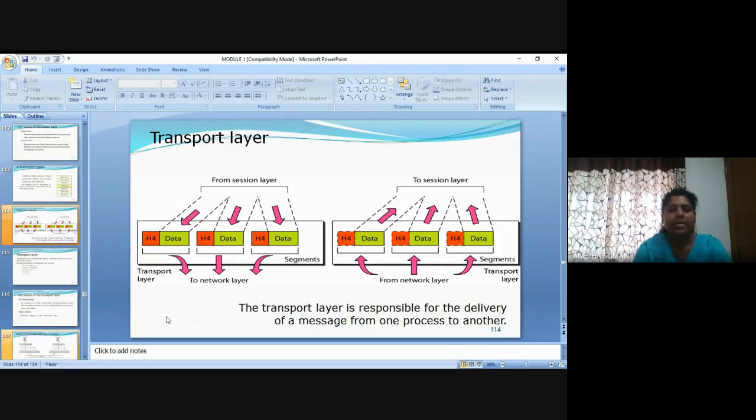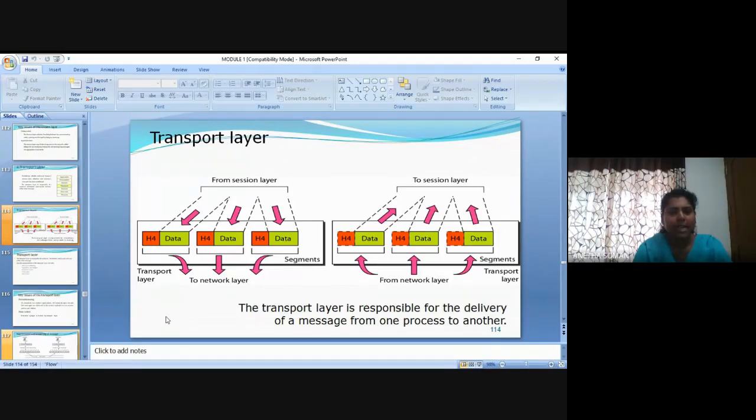Next is the sequence number. Its function is to reassemble the segments in correct order. You won't be receiving the segments in the correct order, so the sequence number lets you arrange them in the correct order to form the correct message at the receiver side.